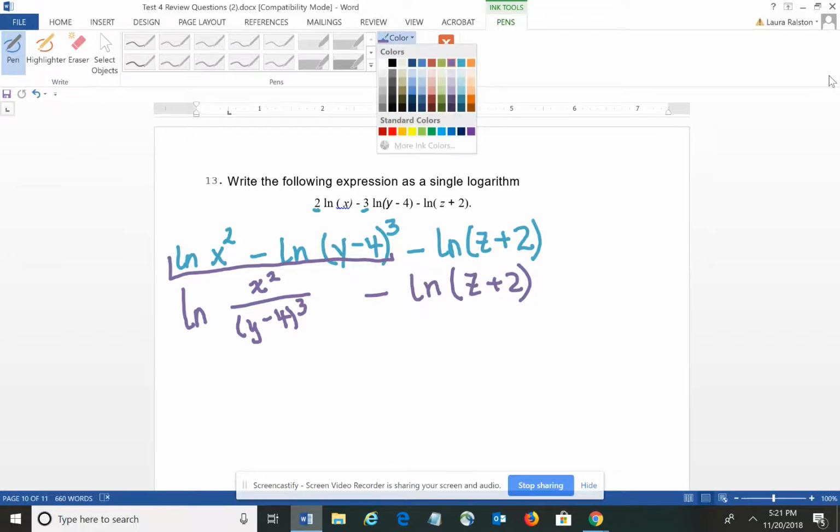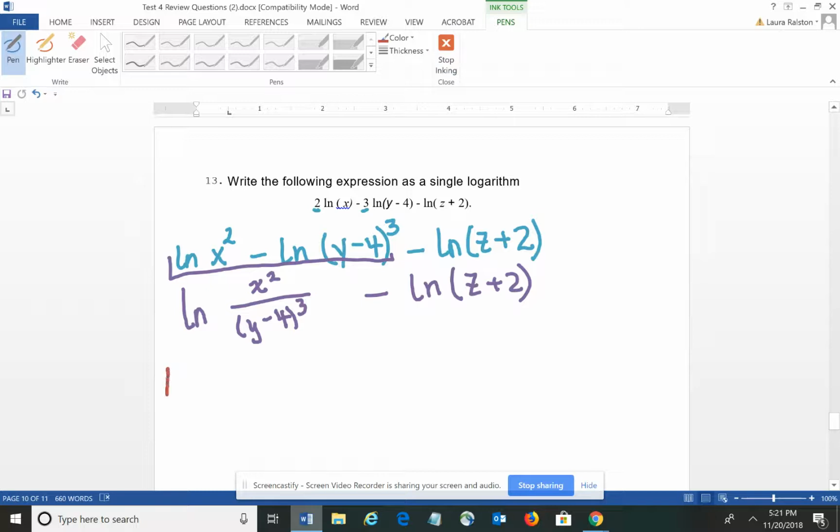Again, working left to right, I have subtraction, so it becomes division. I have the natural log of x squared over (y minus 4) cubed, and that whole thing is divided by (z plus 2). Remember that z plus 2 is over 1.